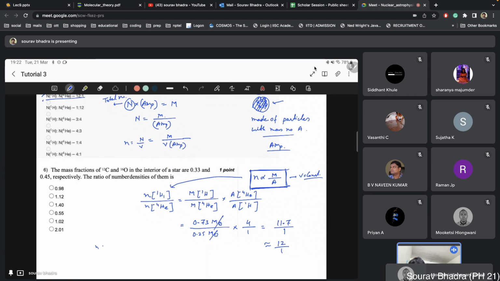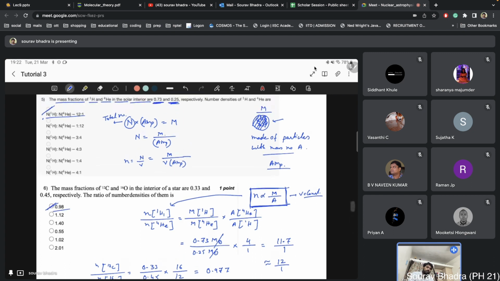Similarly, I will put in the values: 12C by 16O is 0.33 for carbon and 0.45 for oxygen, times the mass number of oxygen, that is 16, divided by the mass number of carbon, that is 12, which will give you 0.977 or 0.98. So this is the ratio of the number density of 12C and the number density of 16O, 0.98. That is the answer.